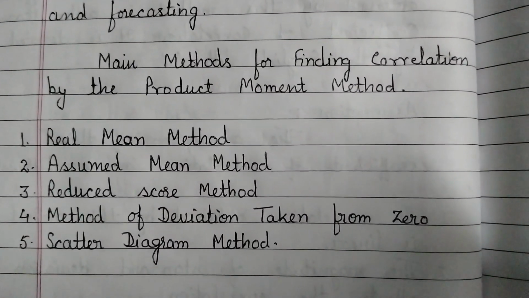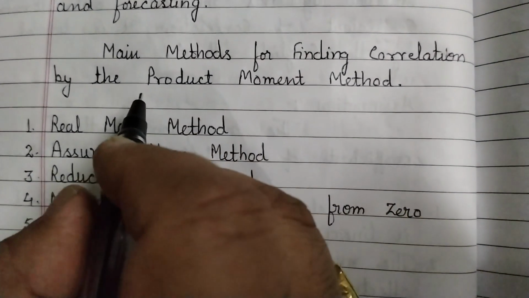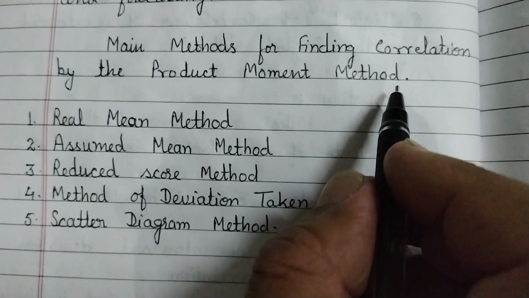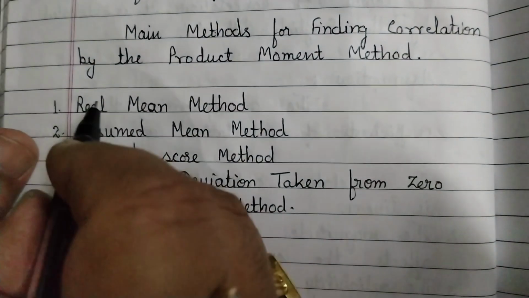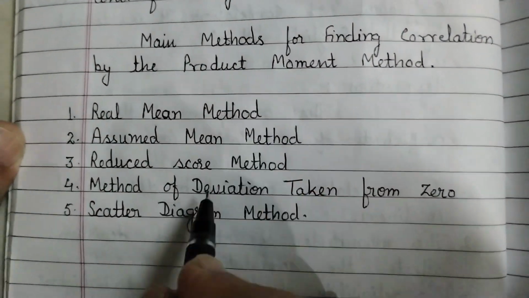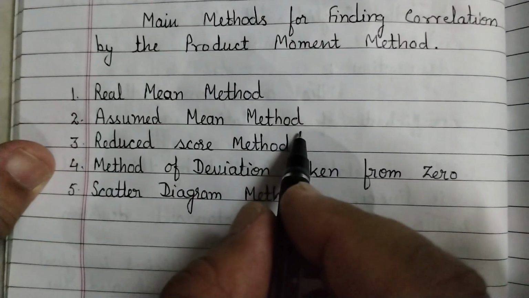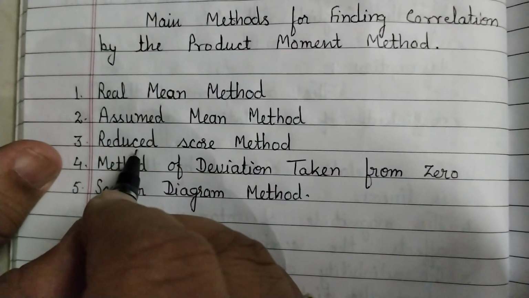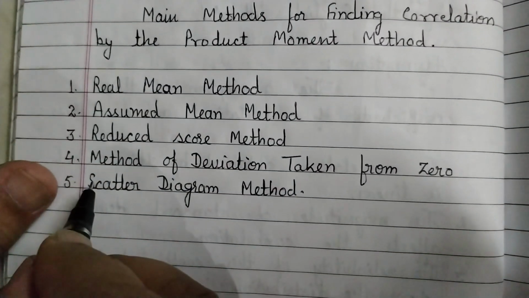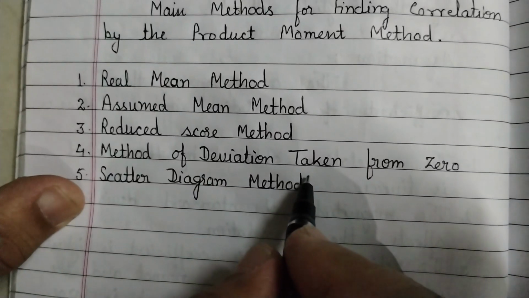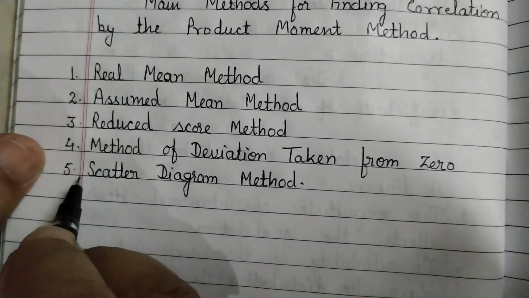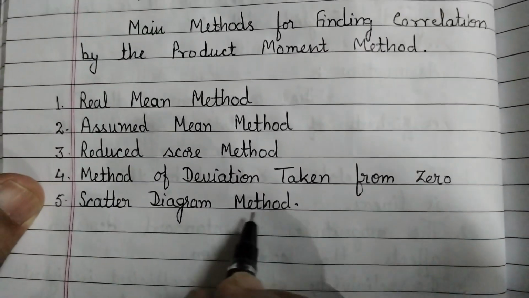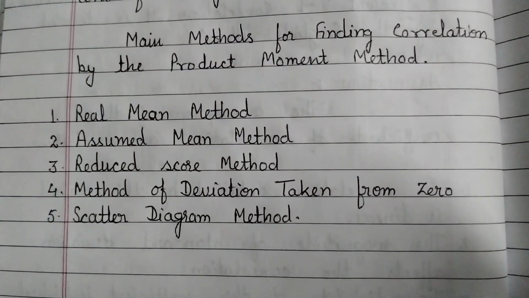Main methods for finding correlation by the product moment method are: first is real mean method, second is assumed mean method, third is reduced score method, fourth is method of deviation taken from zero, and fifth one is scatter diagram method.